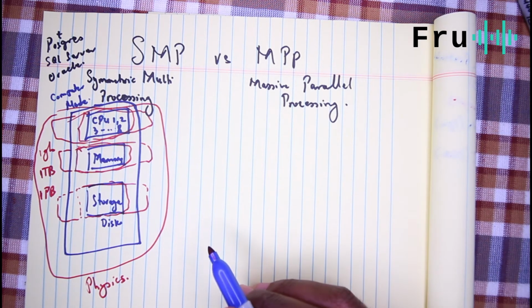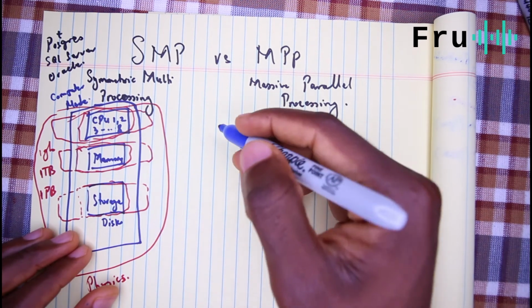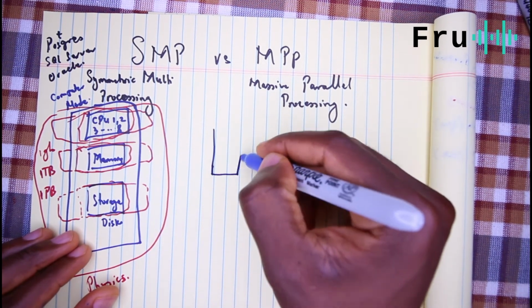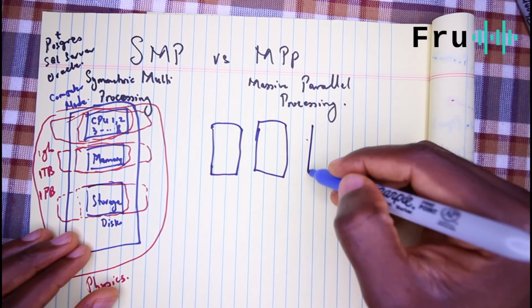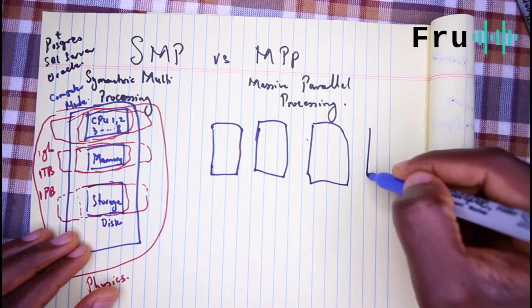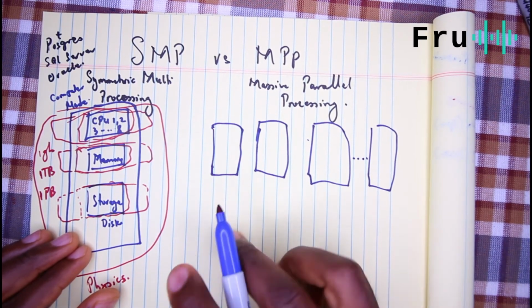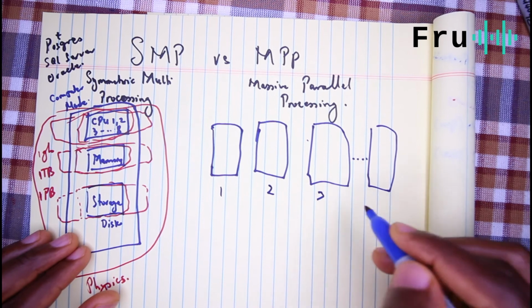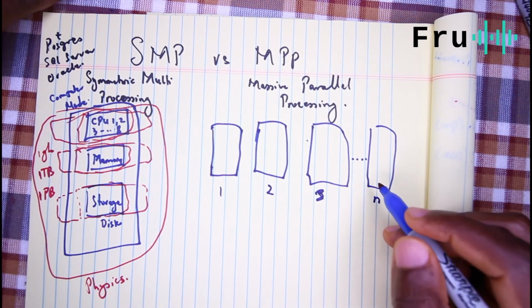They said, all right, instead of having one box that we try to make big and big and big, let's break it up so that we have many smaller boxes. You can have as many small boxes as possible, from 1, 2, 3, all the way to n boxes.